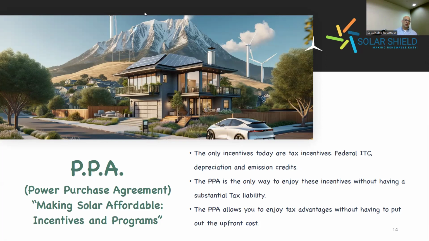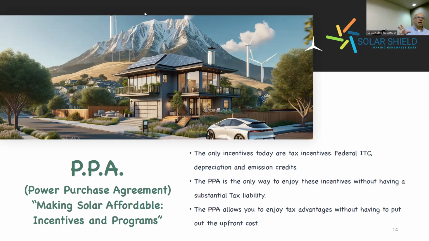And that may be a reason why we don't want to invest. For that and for many other reasons, the power purchase agreement, also known as a PPA, and I'll refer to it as a PPA from now on, is a great opportunity. The power purchase agreement is actually a financial product for solar.